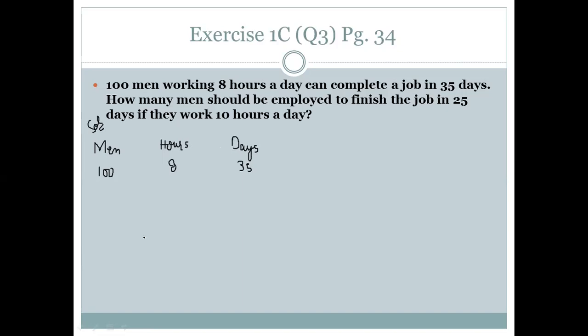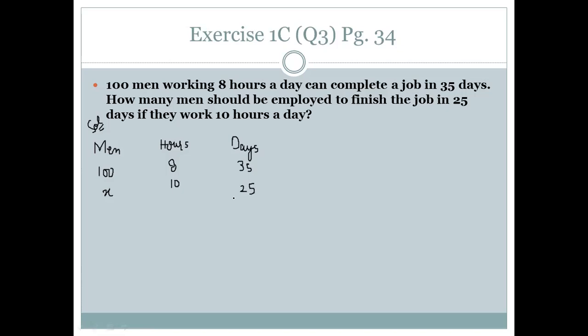Next, how many men? This would be x. If you see, this is the leftmost column of the table. And how many hours? 10 hours, and then we have 25 days.